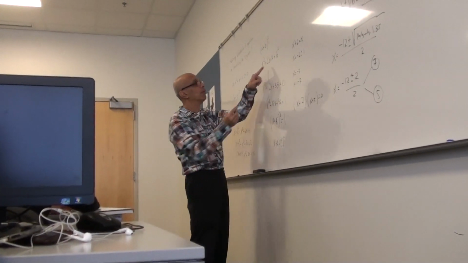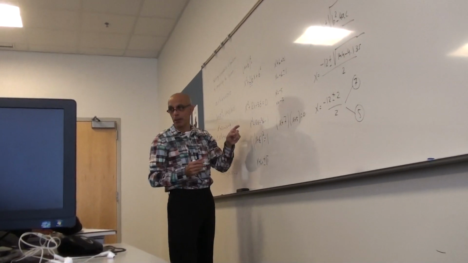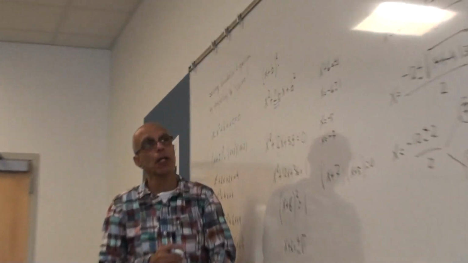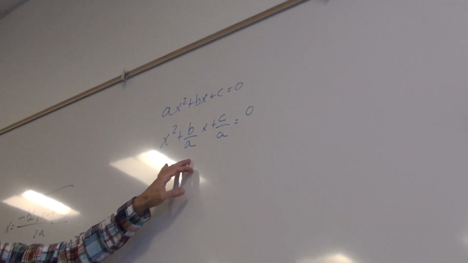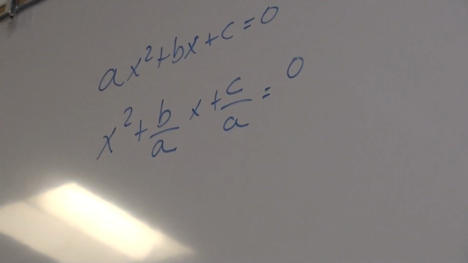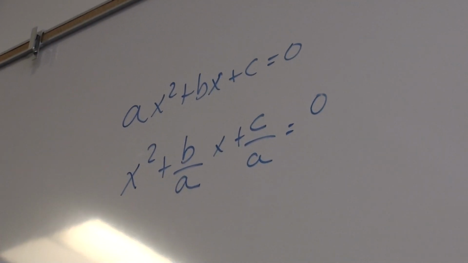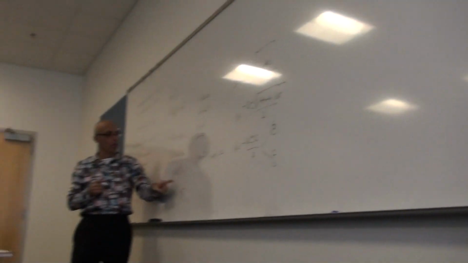Look, the general form is 2b. How can I figure out the value of b? If I want to find the value of b here, right? What should I do? What's the relationship between 12 and 6?